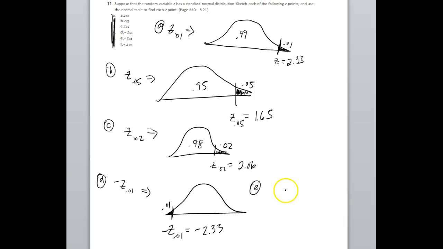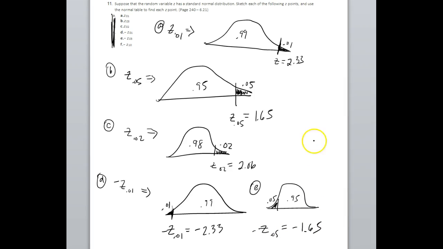Okay, then E is going to operate similarly. So the bottom 0.05. We already solved for 0.05, so this is just going to be a negative 1.65.